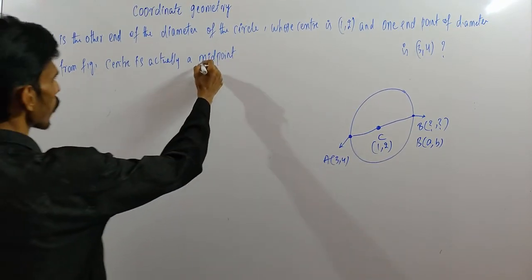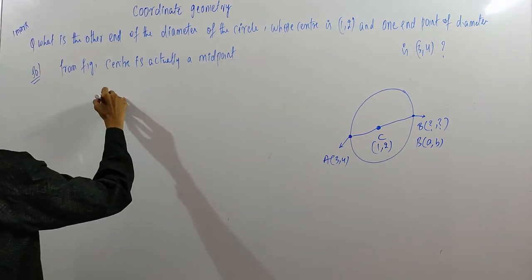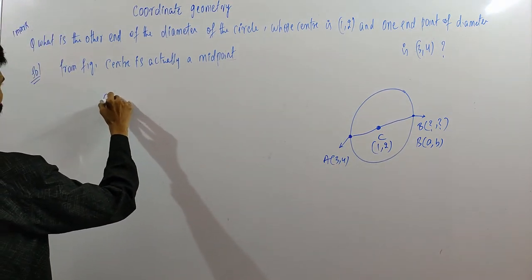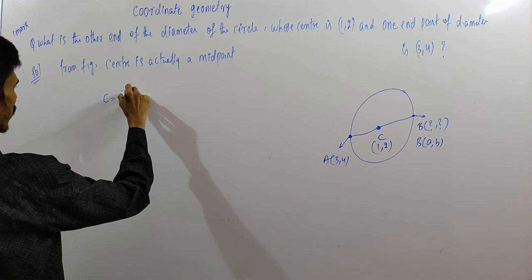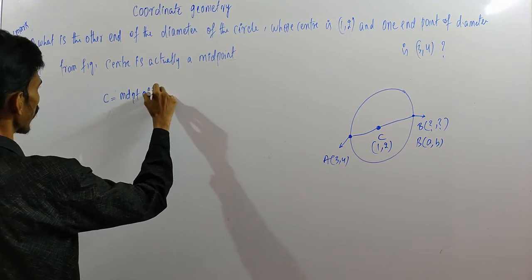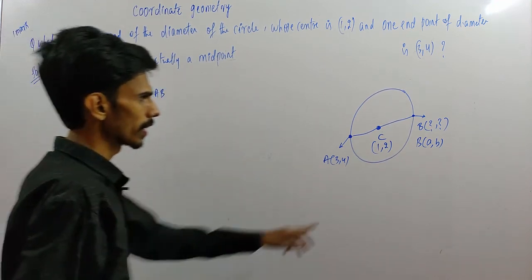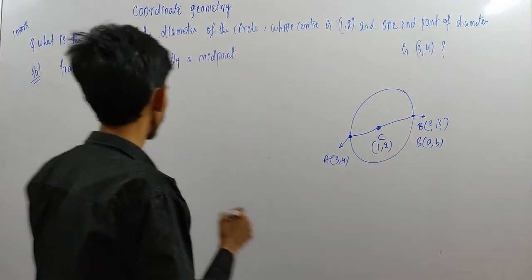Now use formula for midpoint. We have formula C. C is equals to midpoint of AB. This C is a midpoint of AB.